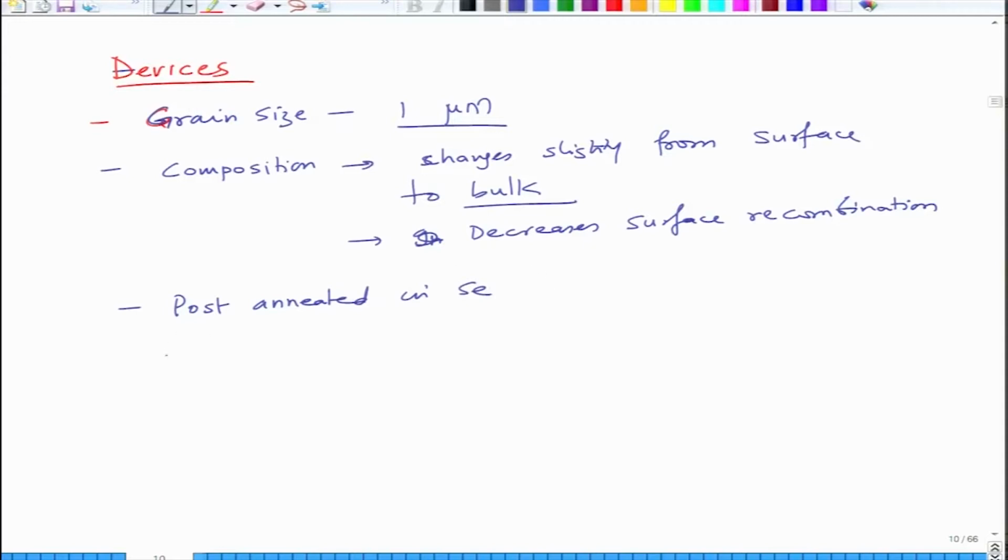To control the selenium content, and they are deposited on soda lime glass, and this is because sodium helps in surface passivation.